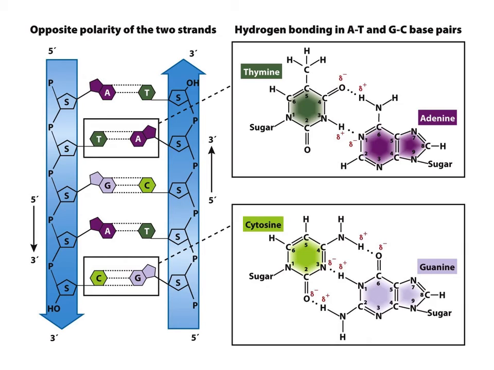So depending on the GC composition of a strand of DNA or a particular gene, you'll see that you need to expose it to a certain temperature to denature, or separate, the two strands. If there are more GC bonds, then you're going to have to expose it to a higher temperature.